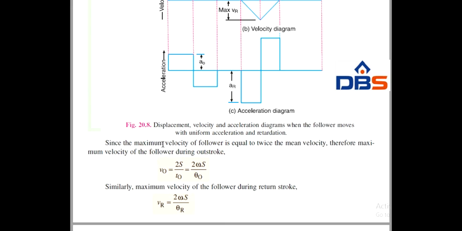Since the maximum velocity of the follower is equal to twice the mean velocity, the maximum velocity of the follower during the outward stroke is vo = 2ωS/θo.